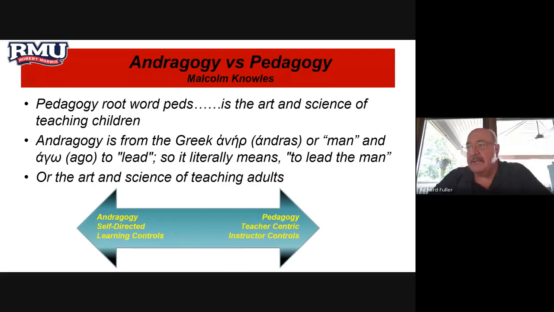Malcolm Knowles passed away in 1998, but one of the things that he said in one of his last interviews was that the art and science of teaching adults is just another educational theory. And what we generally find is that kids are very self-directed in their approach to learning anyway.